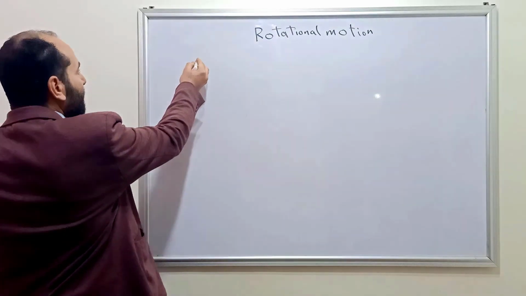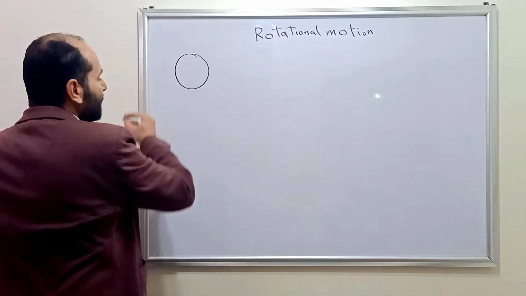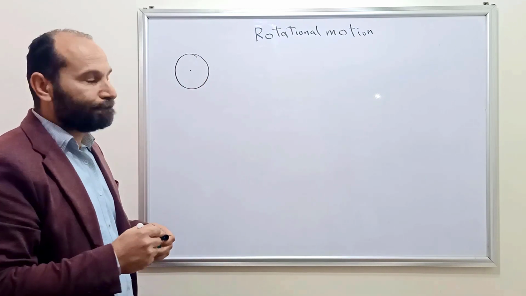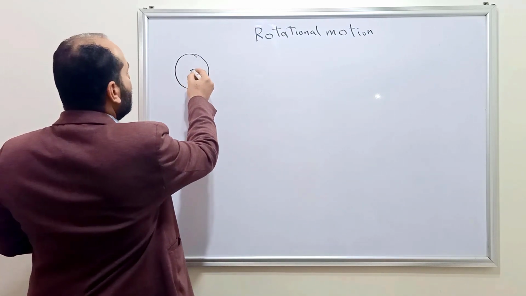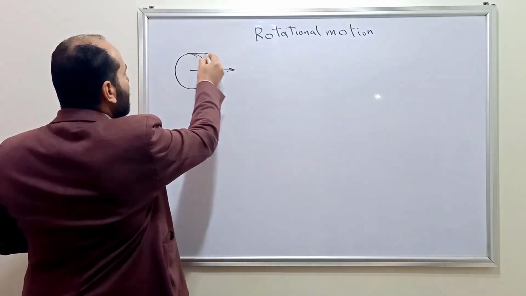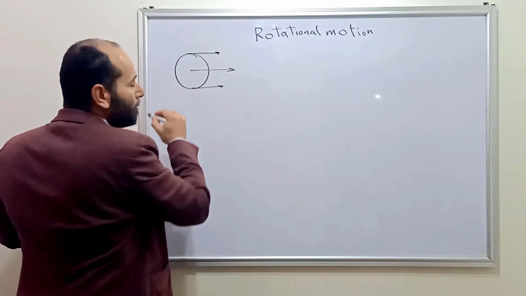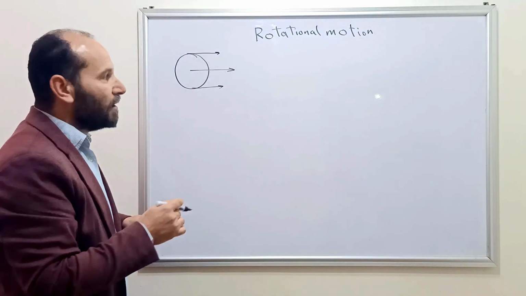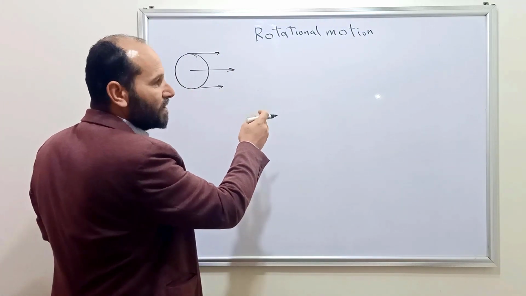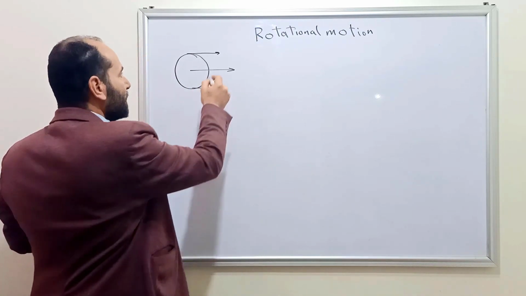So we have a body here, and this is the center of mass of this body. If we translate this body in this direction, the velocity of any atom, of any point in this body, is the same velocity and the same direction.